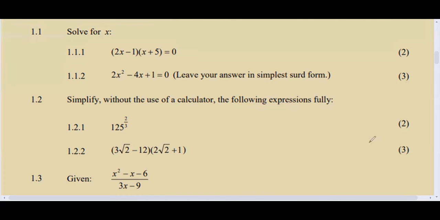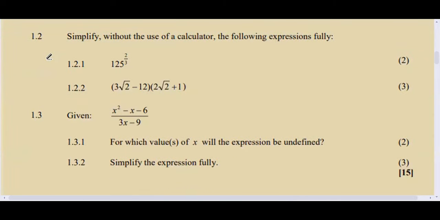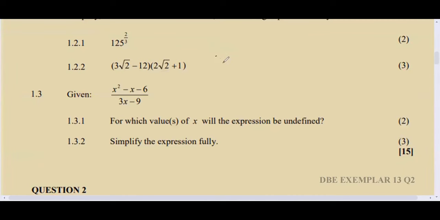Then now we are given this. So let's see. So now we are given x squared minus x minus 6 over 3x minus 9.